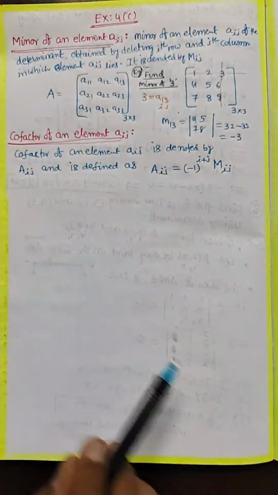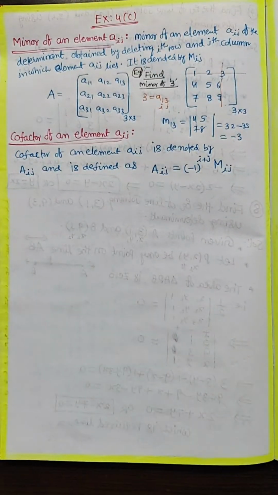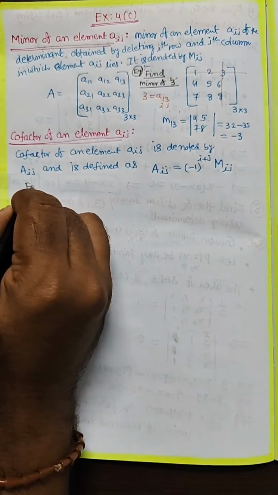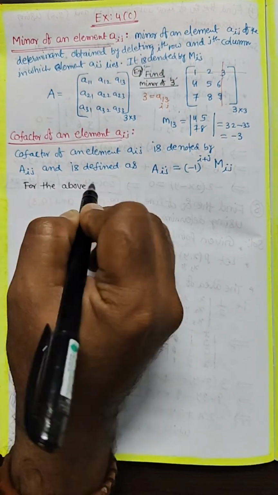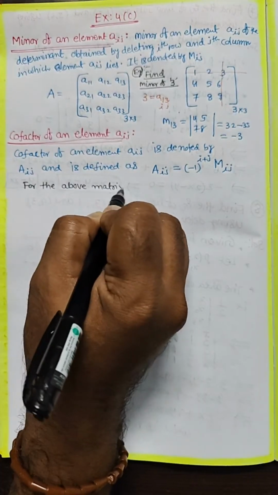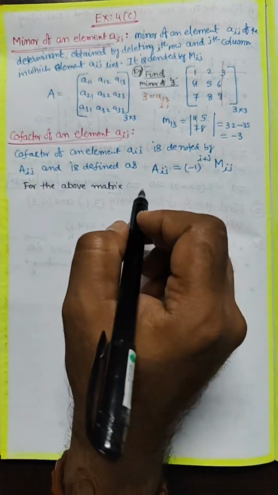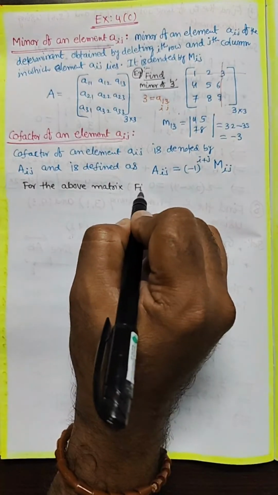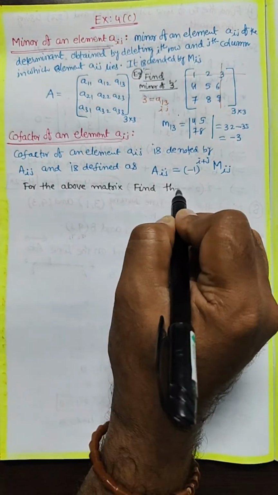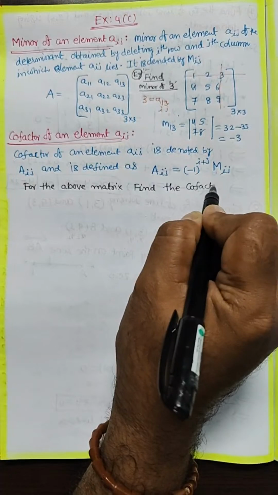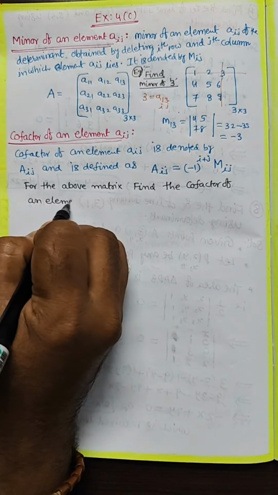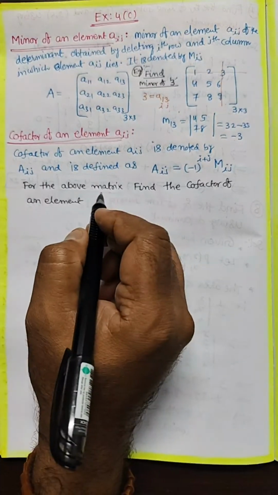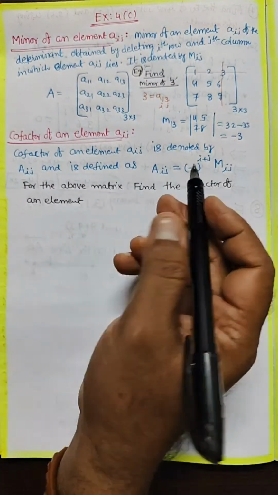So for the above matrix example, find the cofactor of an element. Suppose, for example, we will take the element 7.